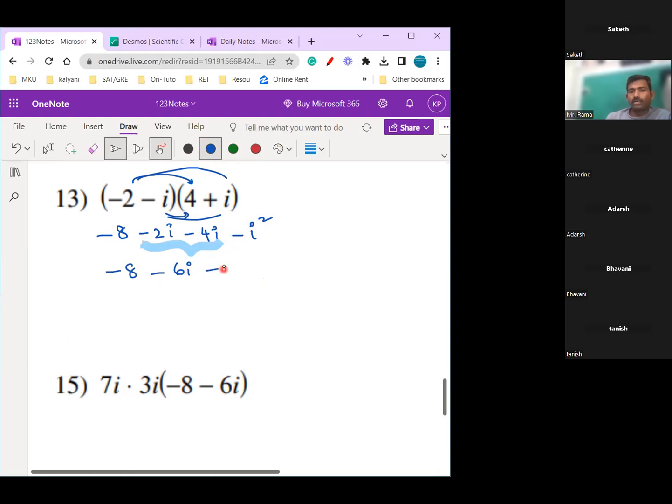The i squared value is negative 1, so you can simply write a plus 1. You don't need to do a lot of math. That's just one explanation. I'm showing you steps, but you can skip the steps. Minus 6i plus 1 gives you negative 7 minus 6i. Just be careful, because if you miss one sign, you're going to make something wrong in there.